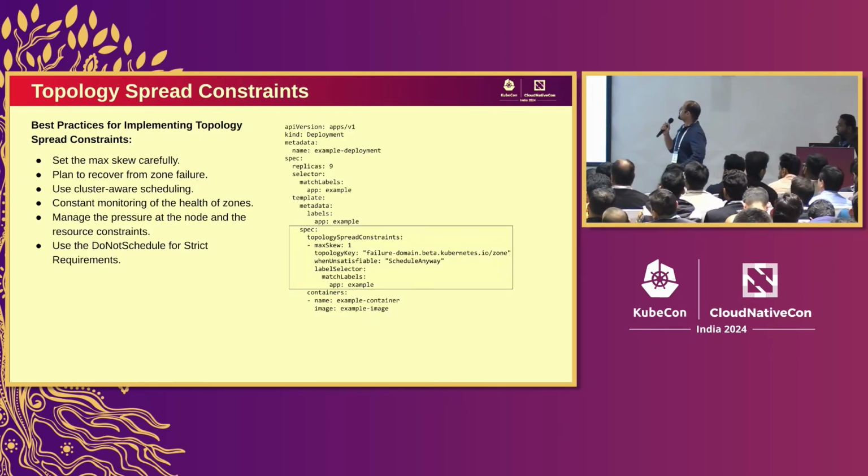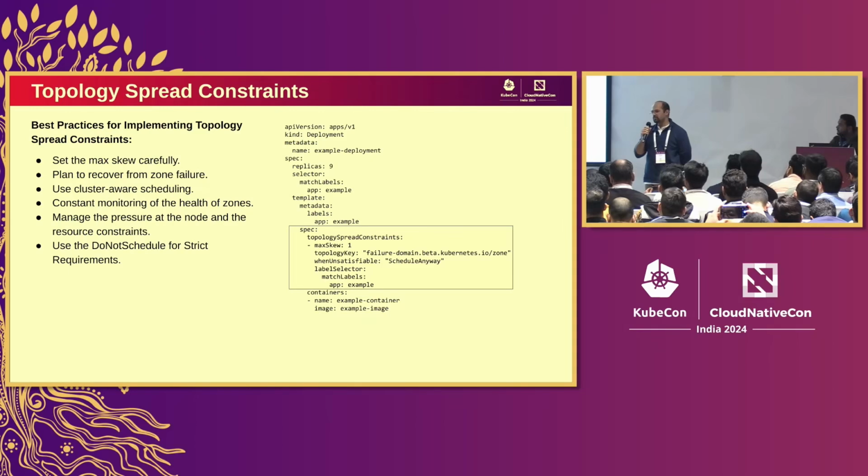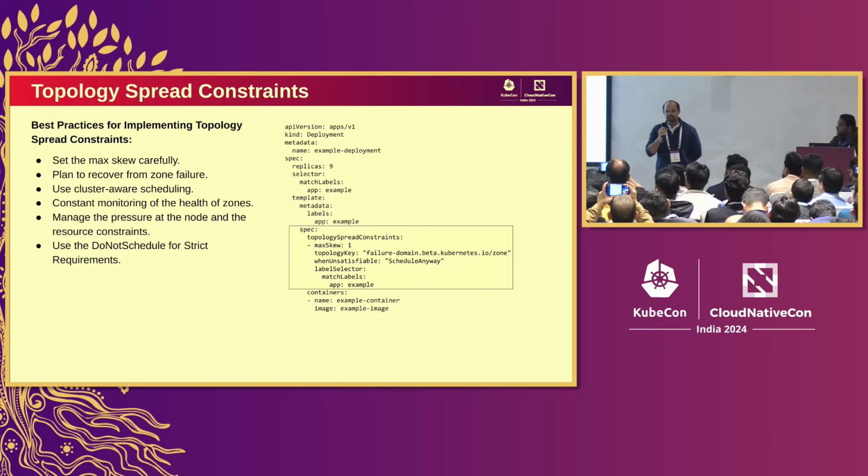So here is the example on your right, which gives you an understanding of what topology spread constraints are. A few of the best practices that we'll recommend when setting topology spread is, make sure you set the max skew carefully. What max skew does is, it helps you provide a balance, so the maximum number of imbalance you can have.